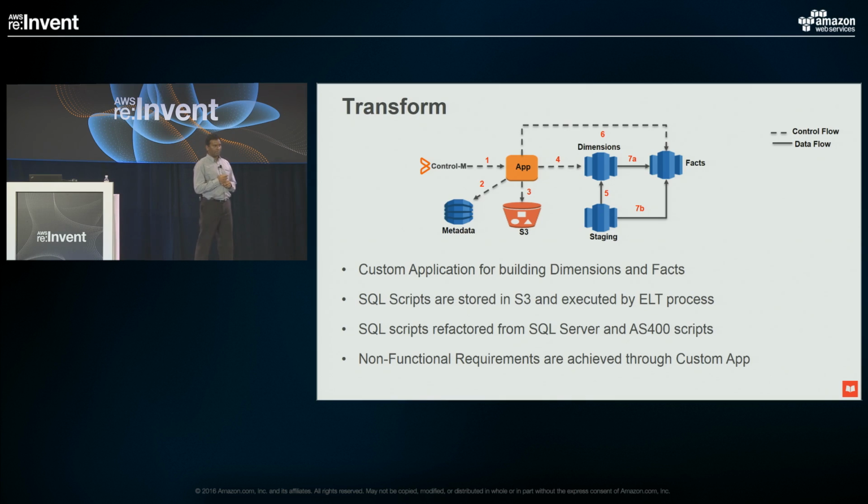The reason we picked ELT is that most of the transformations Scholastic does are based on the incoming data and also the existing data. So the transformation in flight, which is typically the use case for ETL, is not applicable.